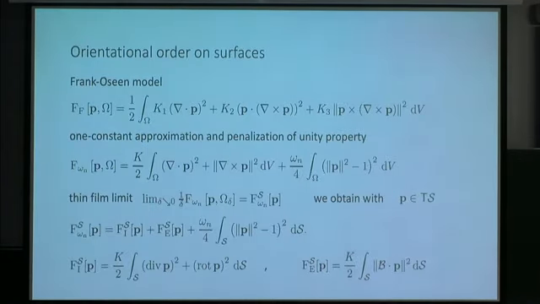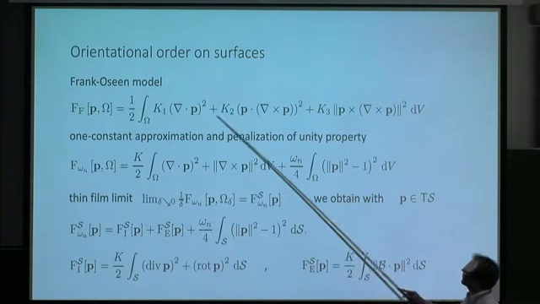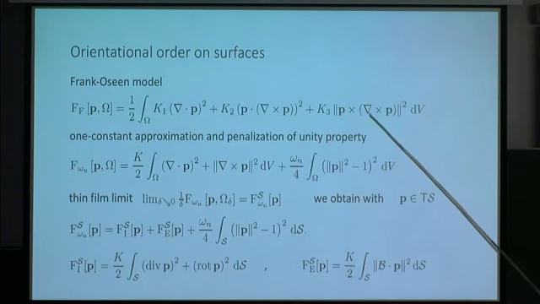Now let's come to orientational ordering, and thanks to the previous speakers for introducing the theory. So instead of having this positional ordering, I would like to describe a director field on the surface. Now, one first has to derive the equation. So let's start with a Frank-Oseen type model, where P is my director field in this general form.